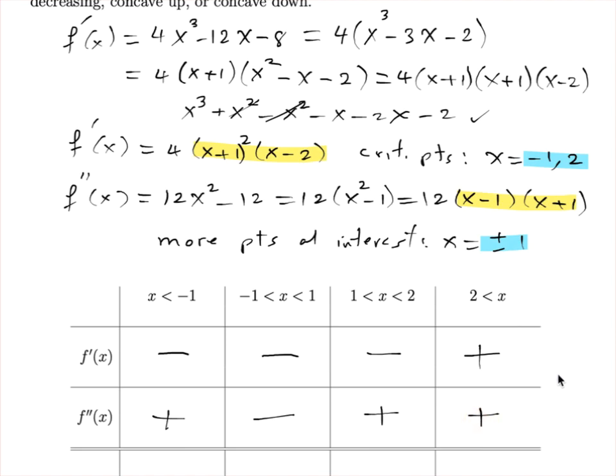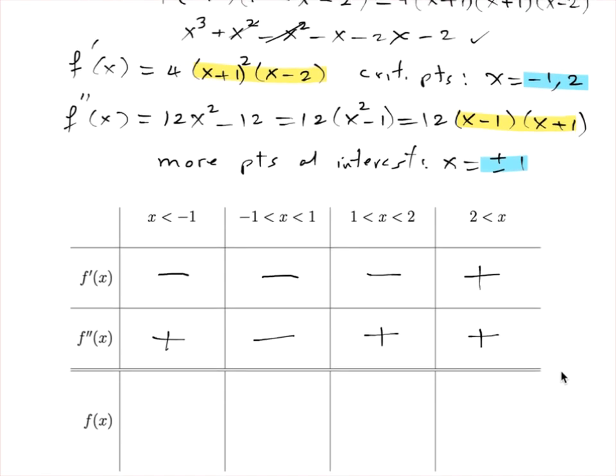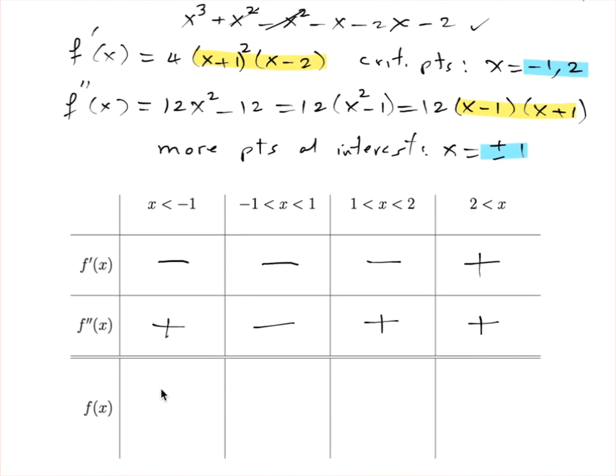So now we can see whether f is increasing, decreasing, or concave up or concave down. So here, for x less than negative 1, f prime is negative, so f is decreasing. F double prime is positive, that means its concavity is upward.